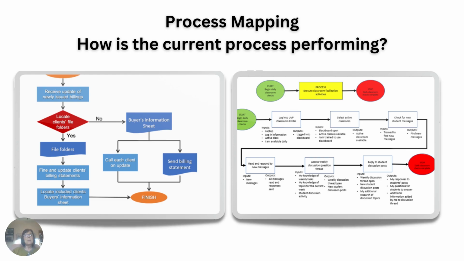Those outputs are part of the inputs for the next step. So you can see that we could take each individual step of the process and even drill down further. Each of these steps could be its own process. This is how we start drilling down to determine where in the scope we need to focus.